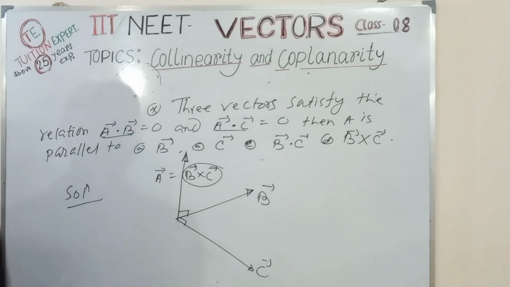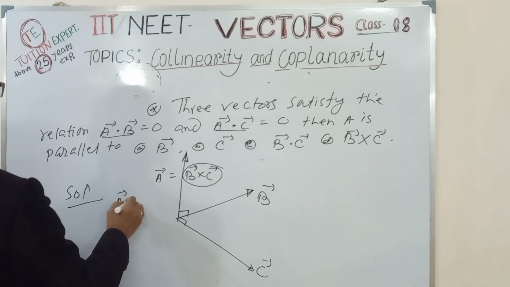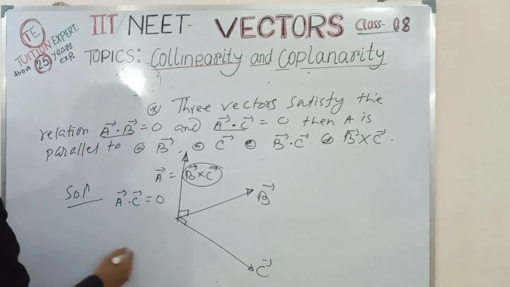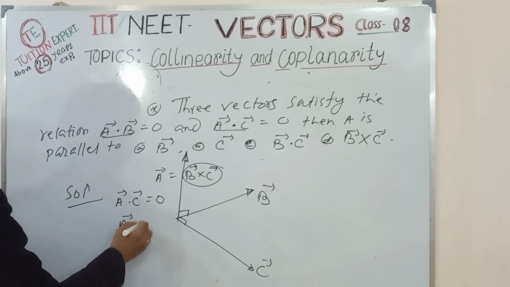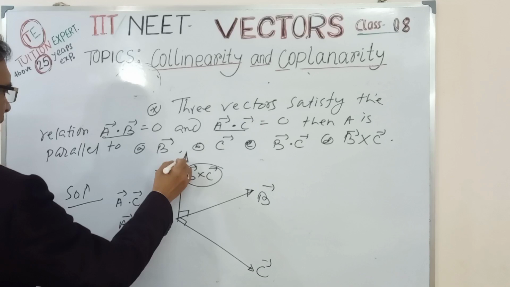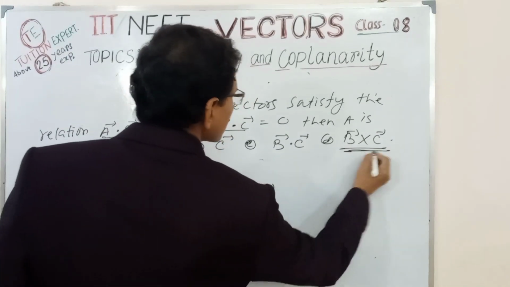If B cross C equals the A vector, then A is perpendicular to C, so A dot C equals 0. Again, A is perpendicular to B, so A dot B equals 0. That means the A vector must be parallel to B cross C. This is the answer.